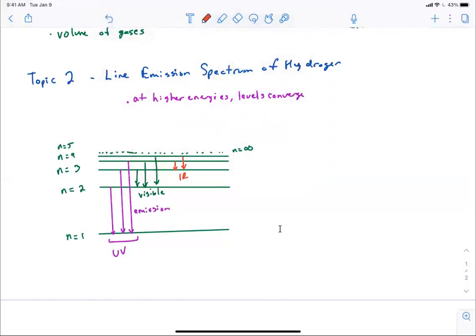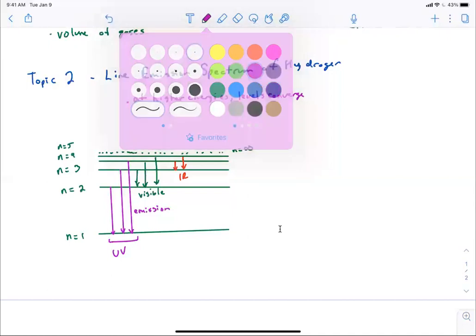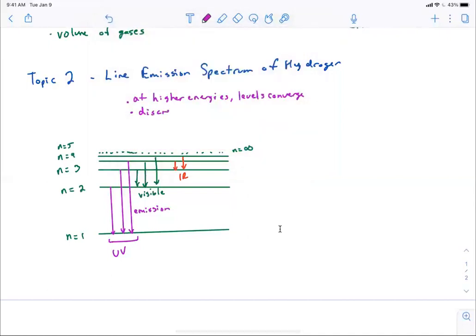So that again supports the idea of these energy levels being discrete, because you're only getting specific energies of photons released. If they weren't discrete energy levels and the electrons could be anywhere, then you'd get a continuous spectrum. You wouldn't just get specific lines, you would get every single possible line, because the hydrogen electron could be in any energy state possible. But we don't see that. We see discrete energy levels.